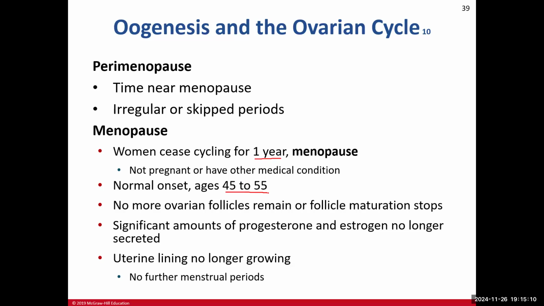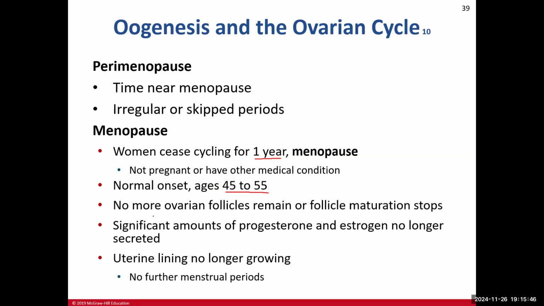Basically, we're no longer going to see the maturation of the follicles and the oocytes, so we're not going to be creating the hormones responsible, at high levels, to proliferate the functional layer of the endometrium. You won't get that buildup of the uterine lining, and if you don't get the buildup, you're not going to have the shedding of the uterine lining. Therefore, the individual will no longer have menstrual periods.